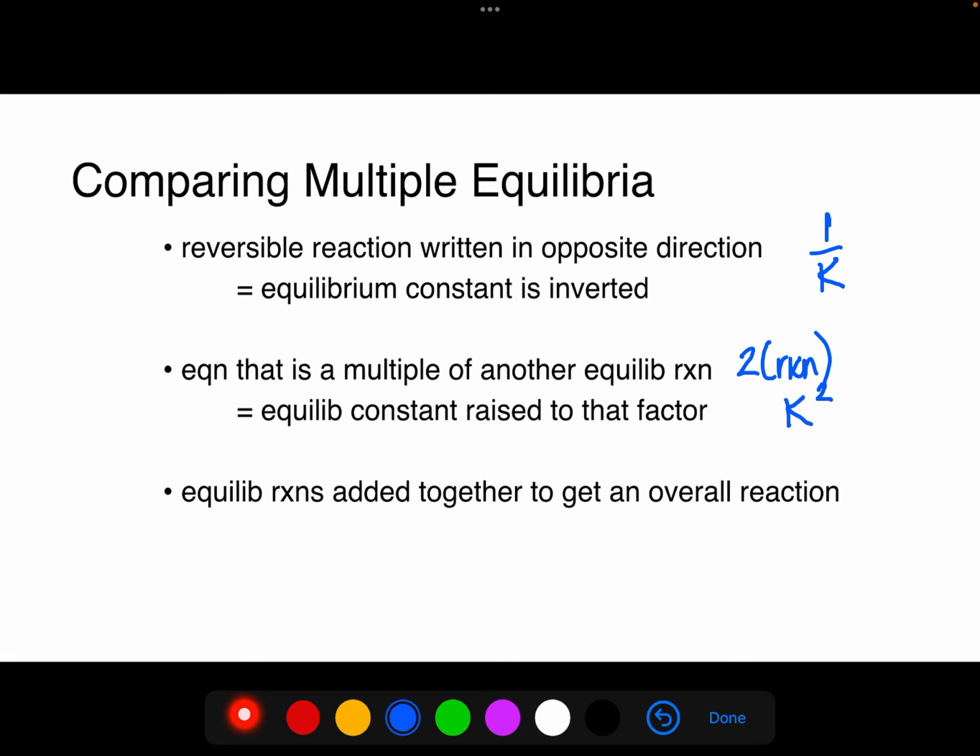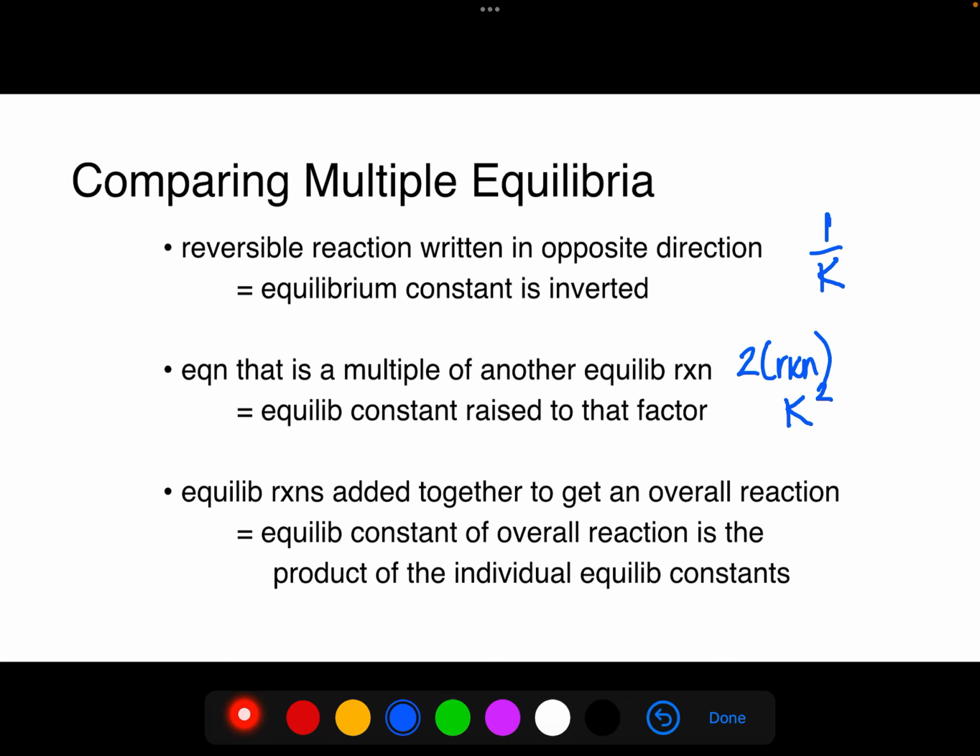And the last one we look at is if we have equilibrium reactions added together to get an overall reaction, similar to what we do with H values in Hess's law. But what will be different here is the equilibrium constant of the overall reaction. The K of the overall reaction is going to be the product of all the individual equilibrium constants.